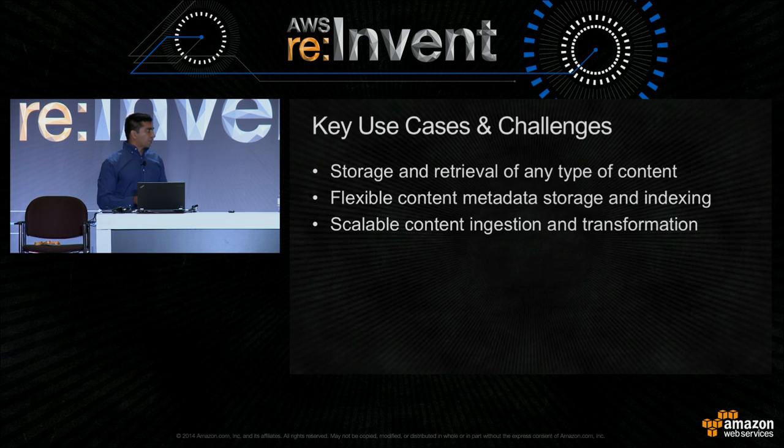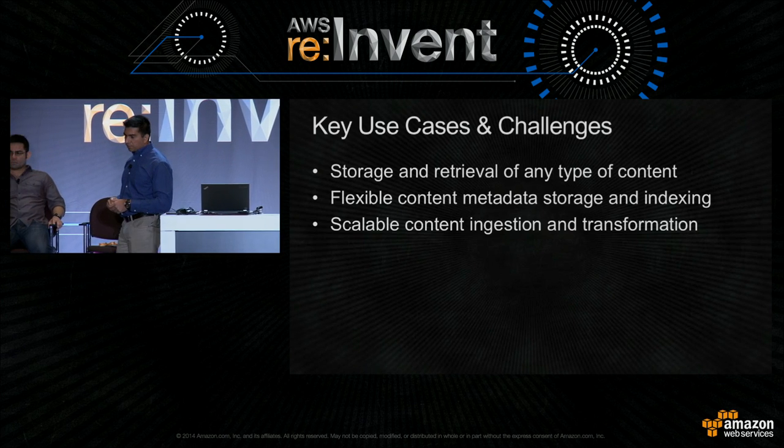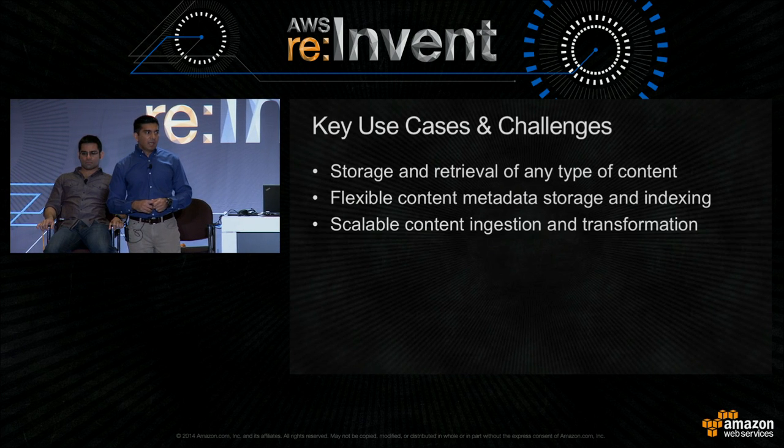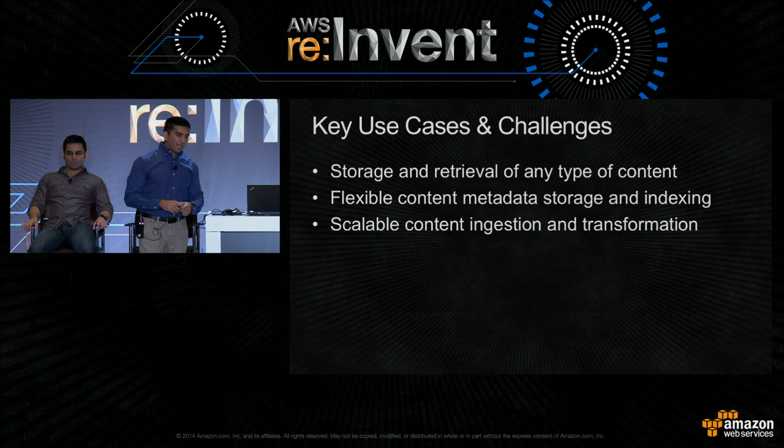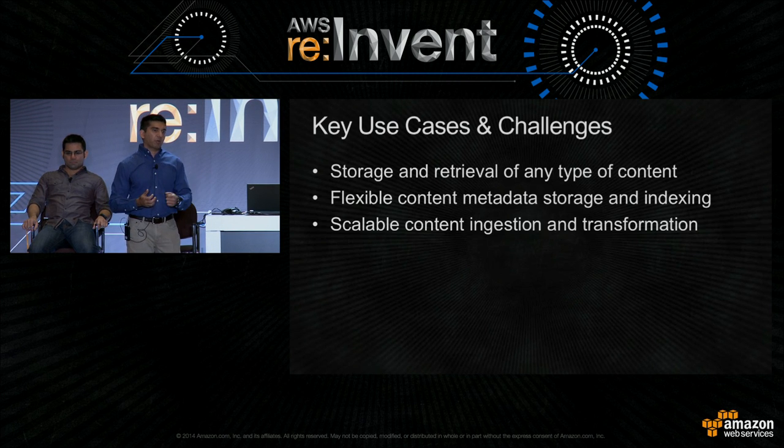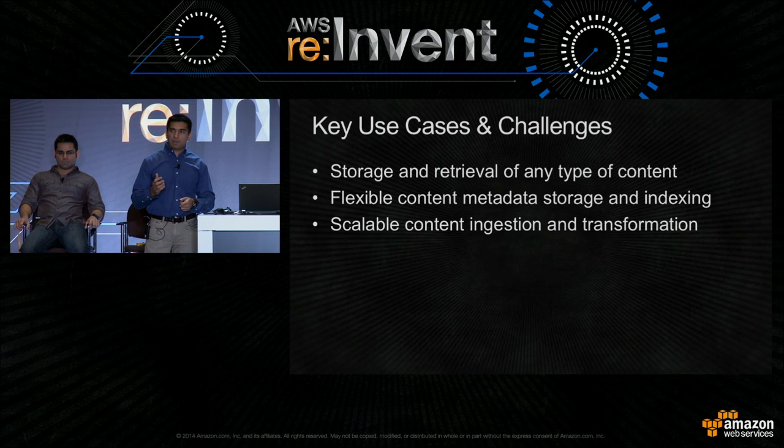Another big challenge we had was with the high volume, velocity, and variety of content we get. The content gets uploaded by, say, one device. Maybe you use your camera, you use your PC, you upload this content, but then you want to view this content on your phone and your tablets.